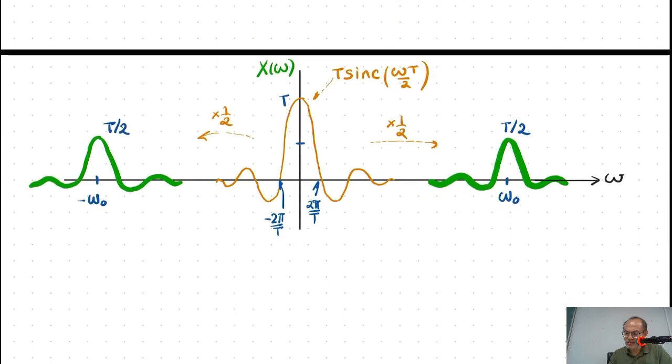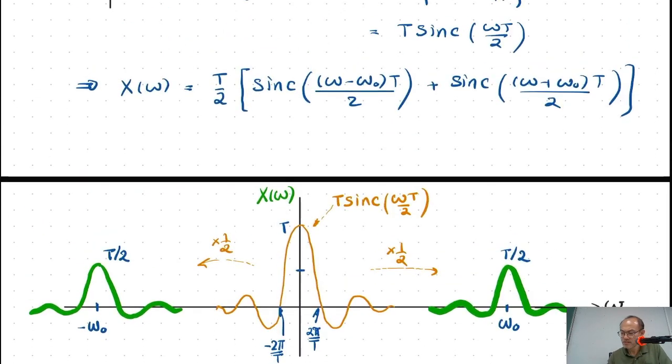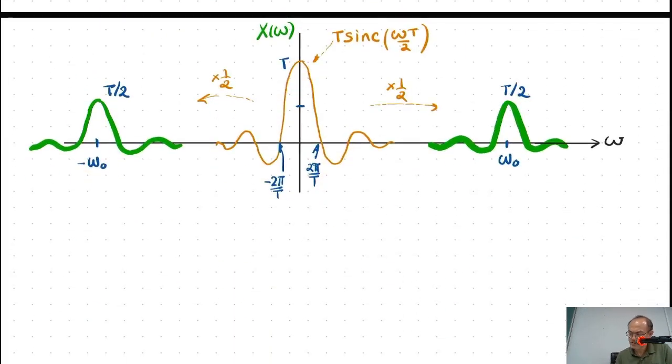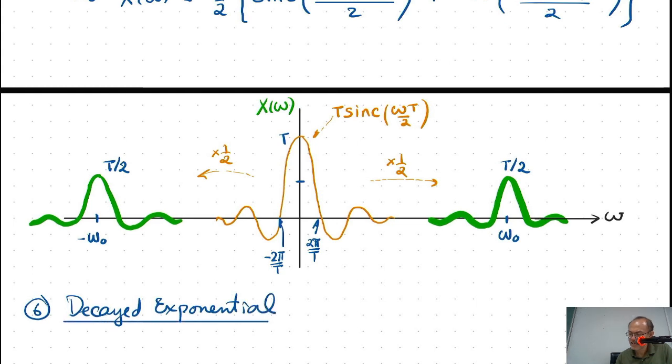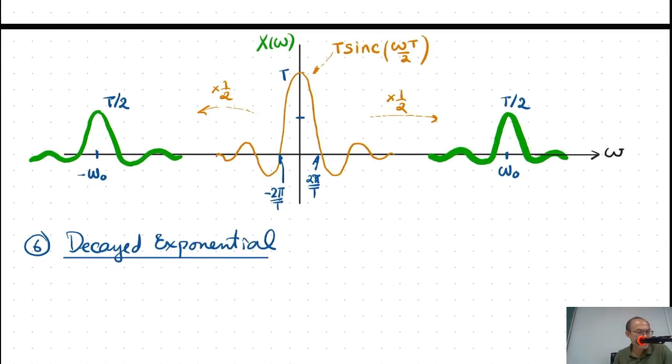Now the next one is number 6, decayed exponential. What I refer to is this signal x of t, which is e to the minus at u of t, where a is greater than 0.